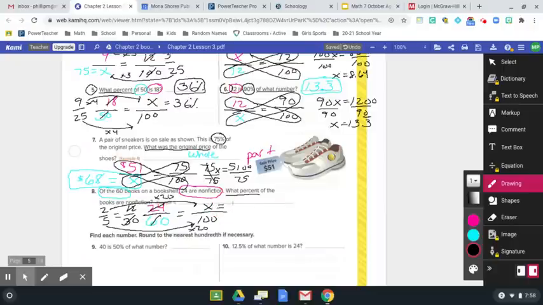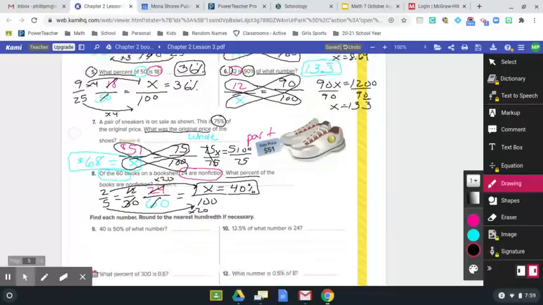X equals 40%. 40% of the books on the bookshelf are nonfiction. And so remember I said it's just going to be under half, under 50%. And it is. It's about 40% nonfiction books, 24 out of 60.